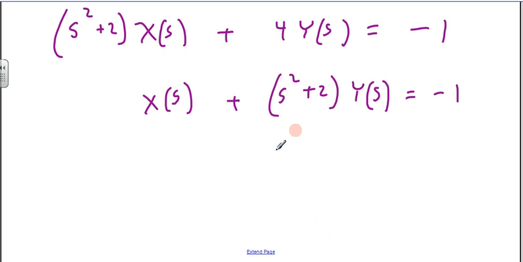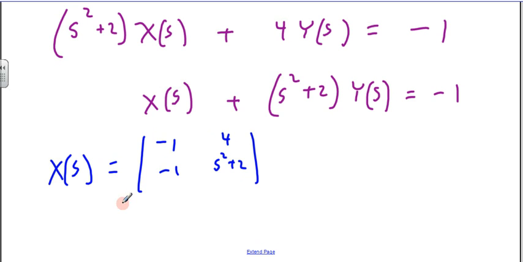I'm going to use Cramer's rule and say X of s is going to equal minus 1, 4, s squared plus 2, divided by s squared plus 2, 1, 4, s squared plus 2.